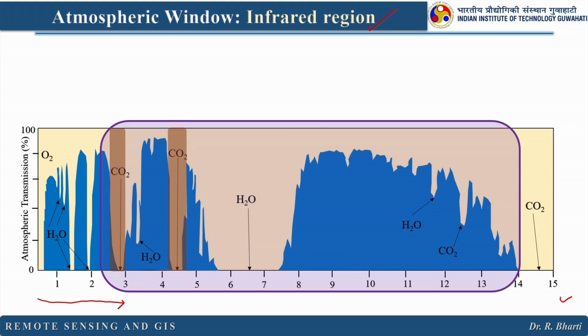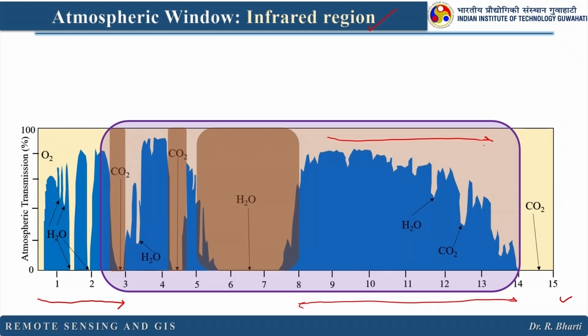Then these are the wavelengths, you can see they are not allowed through our atmosphere. Effectively, from 8 to 14 micrometer, we have good atmospheric transmission. That means if we can capture the energy in this particular wavelength, we will have better information, right?